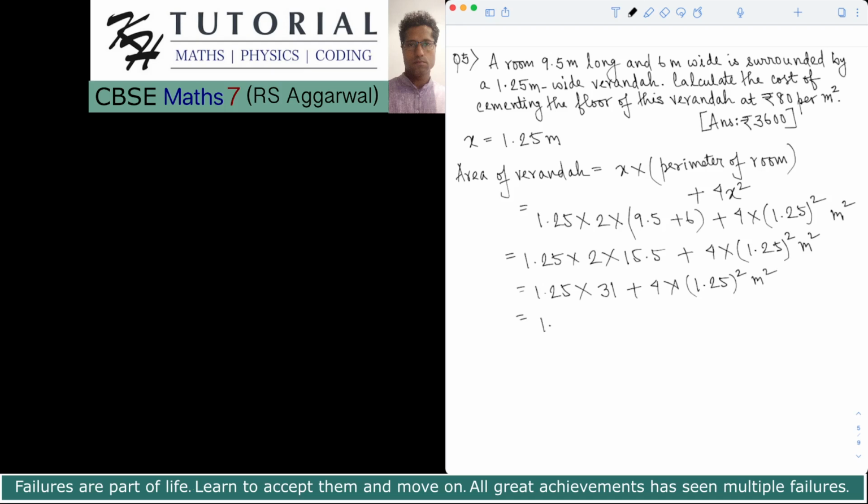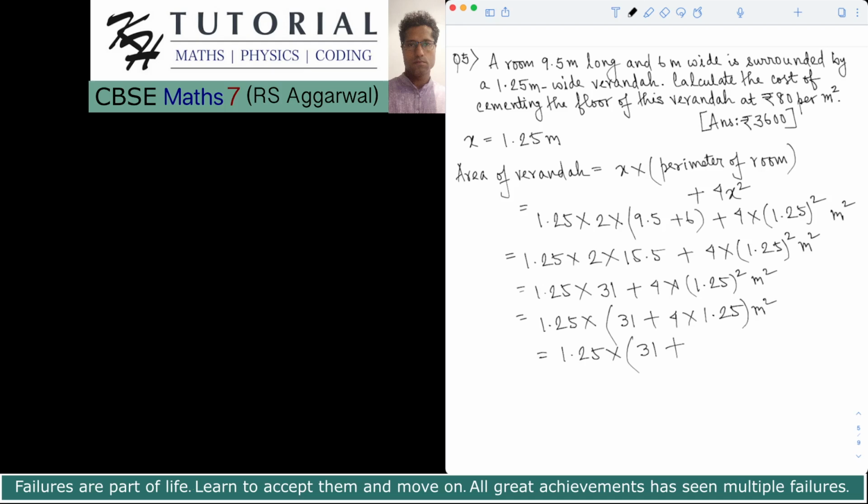If I take 1.25 common, I have 1.25 multiplied by 31 plus 4 multiplied by 1.25, this much meter square.